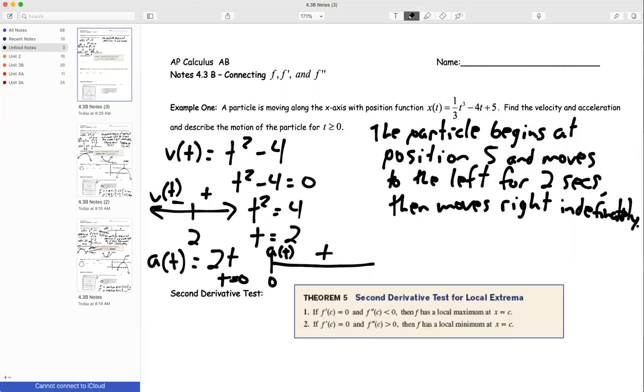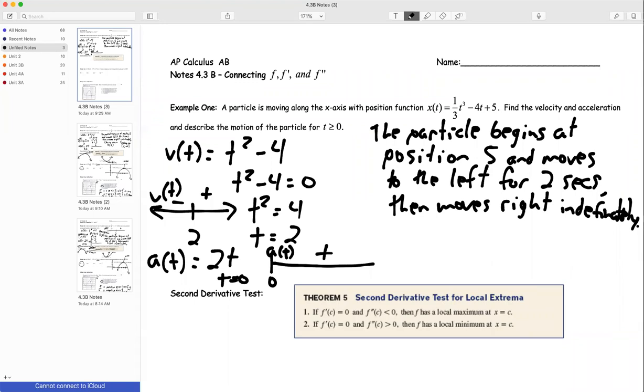And now I'm going to talk about when the particle is speeding up or slowing down. And so if you will remember when we talked about this in chapter 3, if the velocity and the acceleration have the same signs, either both negative or both positive, then the particle is speeding up.